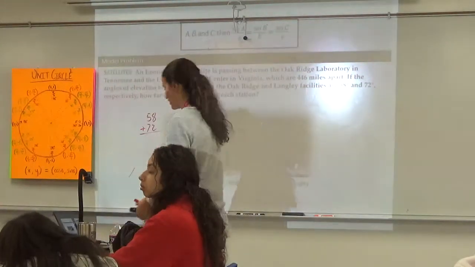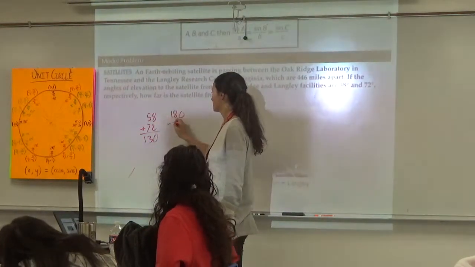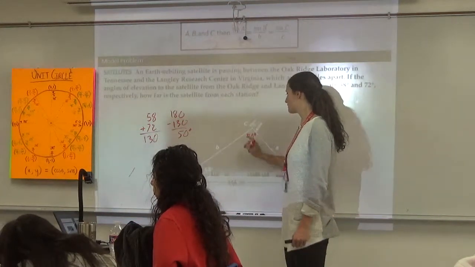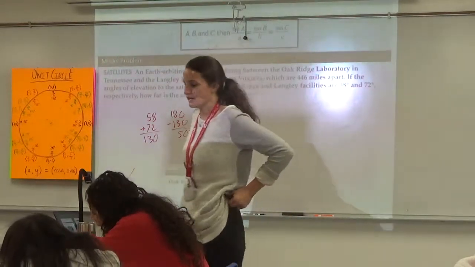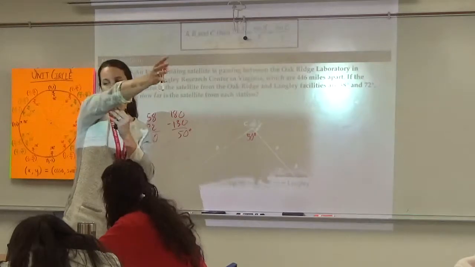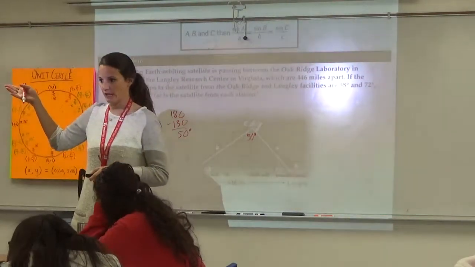130. 130, which means subtracting from 180, we got a 50-degree angle up here. Okay, so if we've got 50, 58, and 72, I know that the sine of any of these angles divided by the side across from it will be equal to that same relationship for another side and angle.